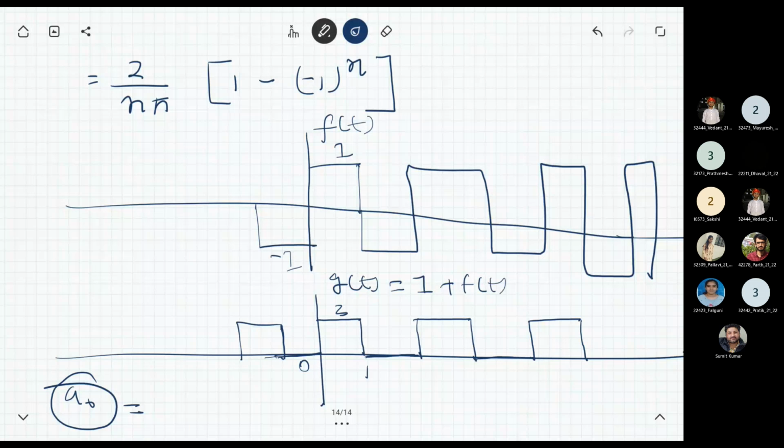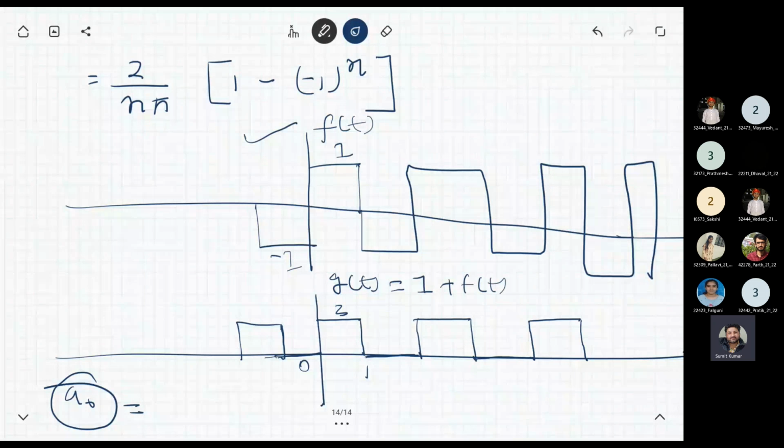And then you can find out other values very easily. Okay? Is that clear? So for example, अगर इस फंक्शन gt में से मैं 1 सब्ट्रैक्ट करूं तो हमें ft मिल जाएगा, राइट? Isn't it? And ft is odd. और odd है इसका मतलब क्या होगा? इसका an 0 होगा और a naught 0 होगा. But ft और gt में क्या डिफरेंस होगा? What is the difference between ft and gt?